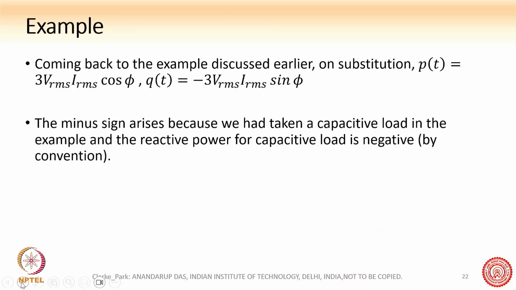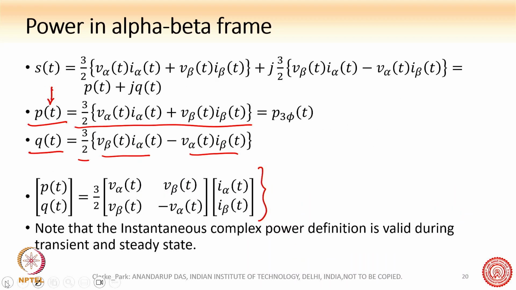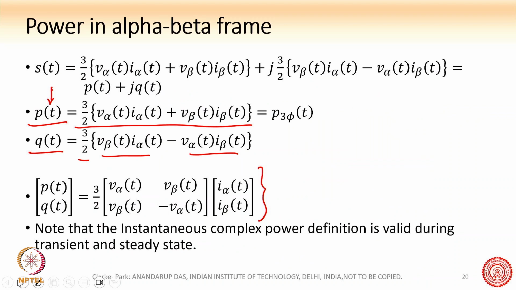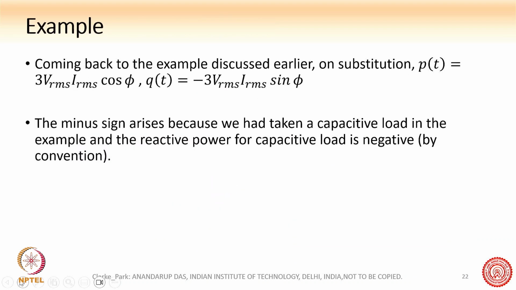If you substitute in the example that we discussed, the P and Q, what we see here is that P is equal to 3 VRMS IRMS cos phi and Q is equal to minus 3 VRMS IRMS sin phi.